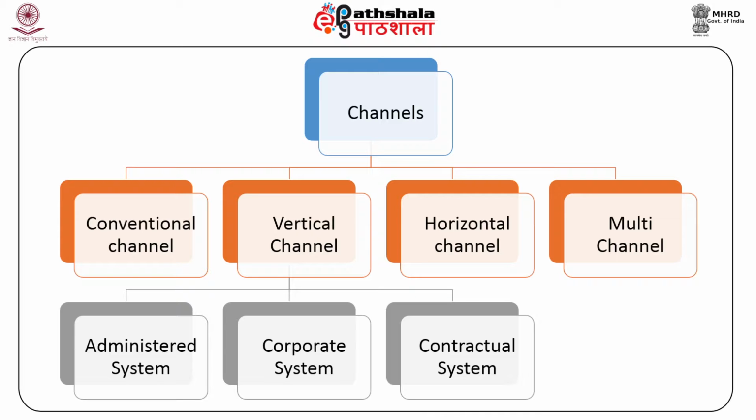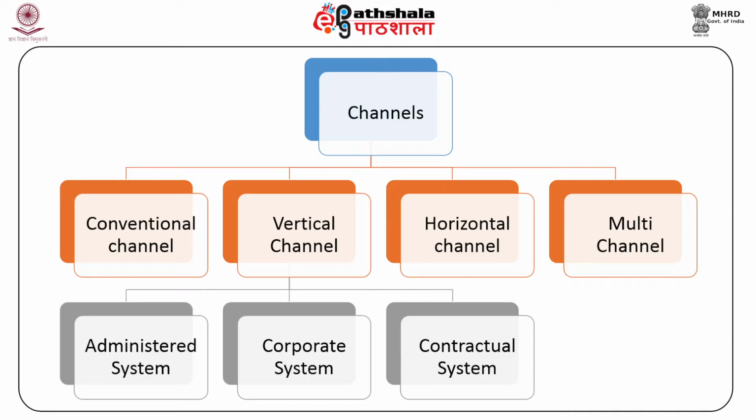Corporate vertical marketing system. In this type of channel, the various channel members work under the guidance and supervision of an organization. A proper organization ownership is present to look after the working of this system and keep a watch on the channel members.